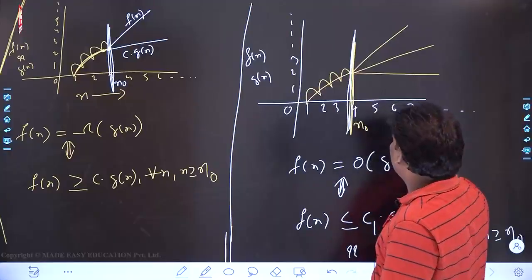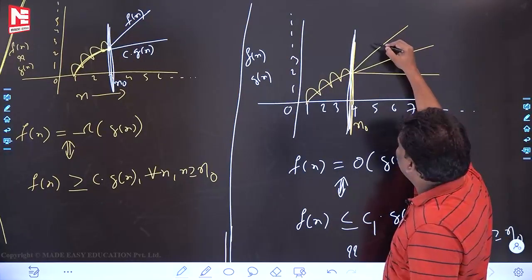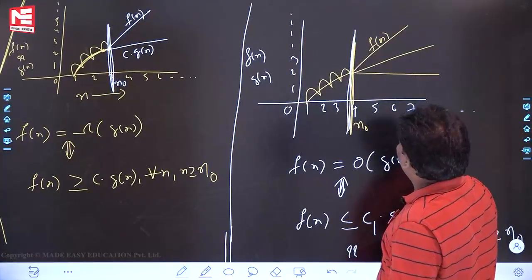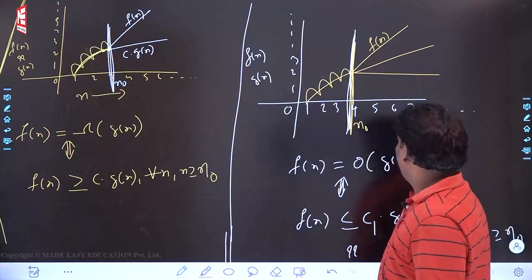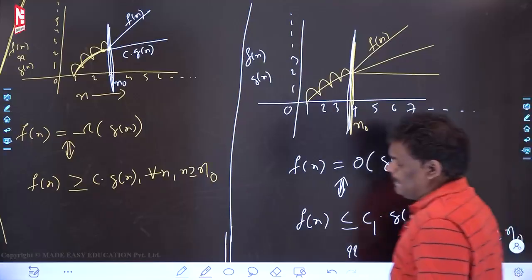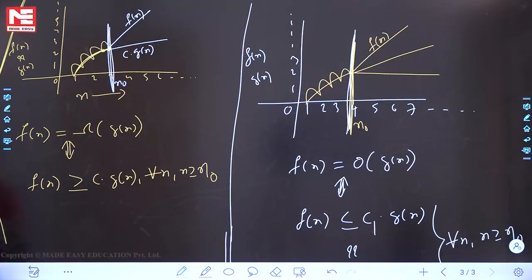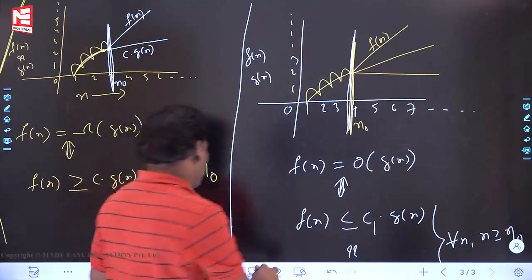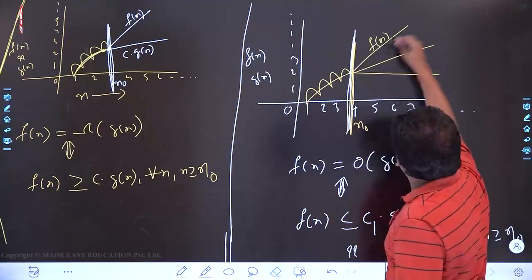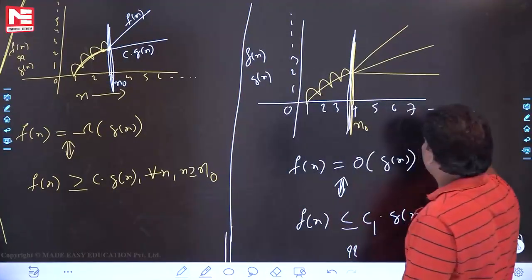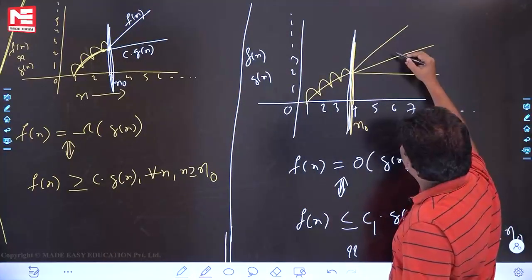Let me check this one. What is the big O? See the big O now. This is the f of n. Right, see this one. This is f of n.